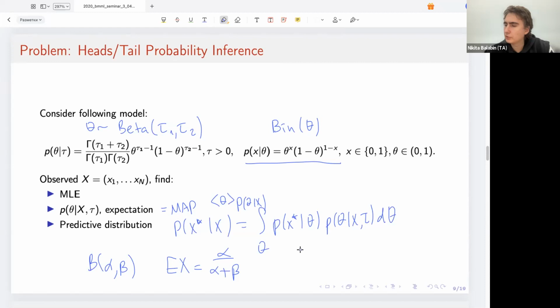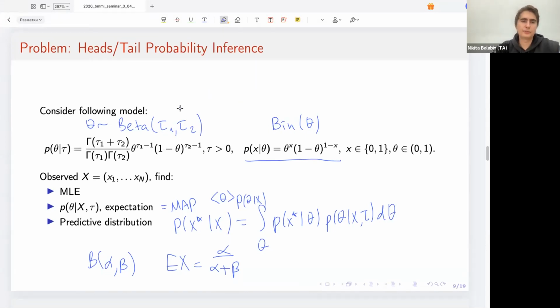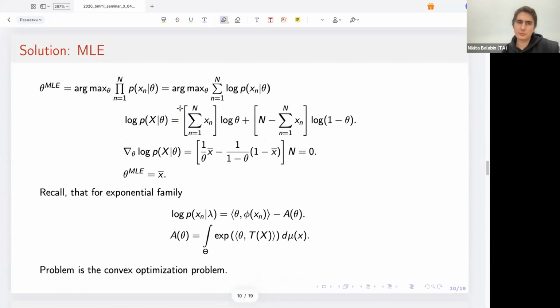So I think we can discuss now. Hope you succeeded to solve some of the problems. Okay, let's discuss. First, for maximum likelihood estimation, we can find it explicitly. We want to maximize such a function. We apply the logarithm and write what we have. We compute the gradient and we achieve that the solution for this equation is as follows.